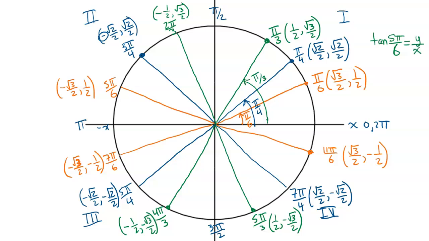Well, for 5 pi over 6, this is the x, this is the y, and so that means tan of 5 pi over 6 is going to be equal to 1 over 2 divided by negative root 3 over 2. Because those are the same denominators, it ends up being 1 over negative root 3, which, when we rationalize the denominator by multiplying the top and bottom by root 3, becomes negative root 3 over 3.